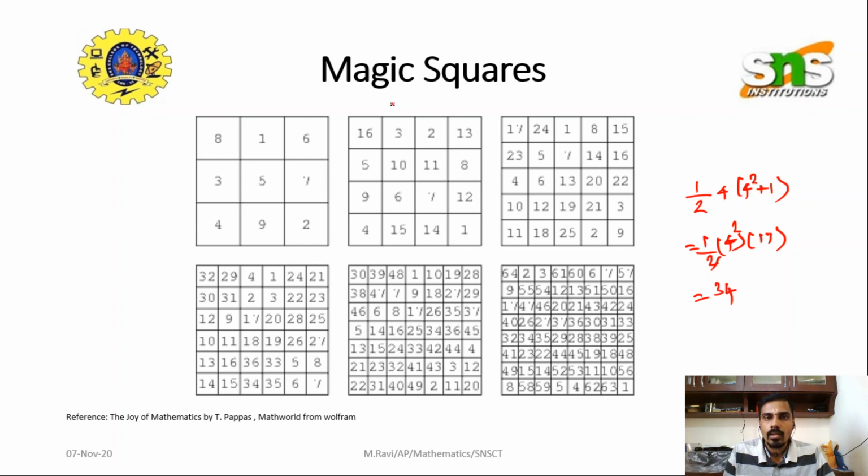Add the row sums: this is 15, this is 34, and this will become 65, and so on. This is a 5 by 5 magic square. If you add each row, each column, and each diagonal, you will get the sum as 34 for a 4 by 4 magic square, and similarly for a 5 by 5 magic square the magic number is 65.